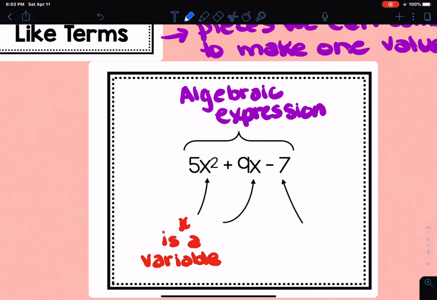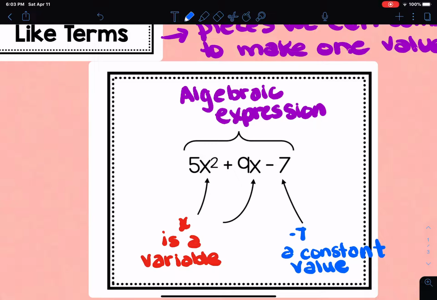So you'll see that there's an x squared and an x. Those are both variables. That's the variable part. This minus 7, or negative 7, on the end would be a constant value because it's number only.